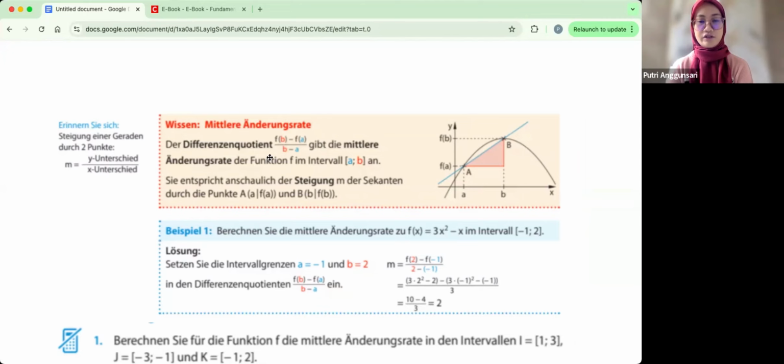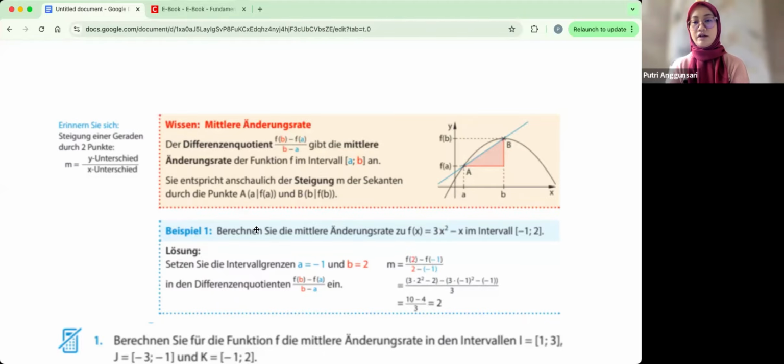The difference quotient that we will learn today comes from the formula f(b) minus f(a) out of b minus a, where a refers to the first number and b comes from the second number of that interval.